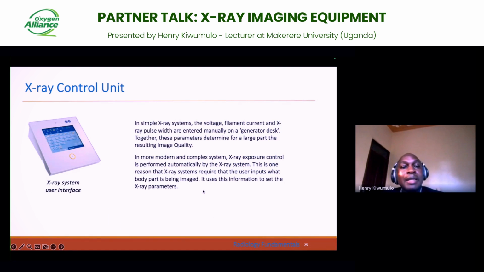Now, on the other part of the X-ray system is the X-ray control unit. These simple X-ray systems normally have the voltage, the filament current, and the X-ray pulse time, which are entered. So what is normally entered is the kV, the mA, and even the time. However, with modern systems there is an advancement in technology.